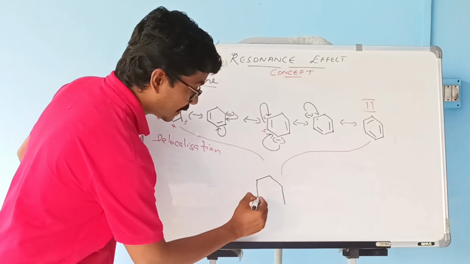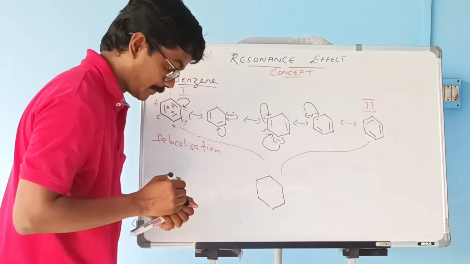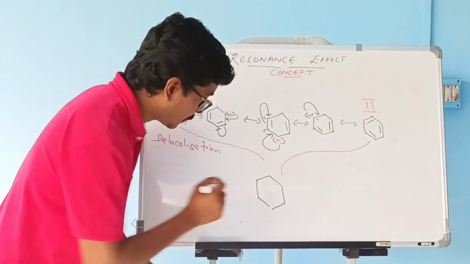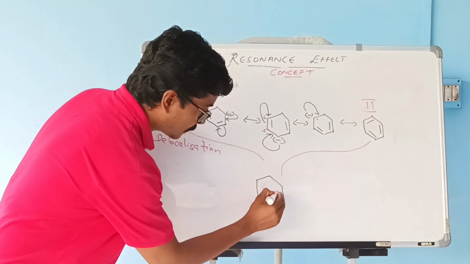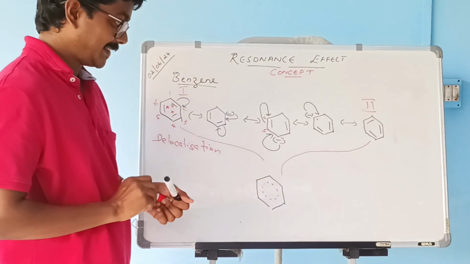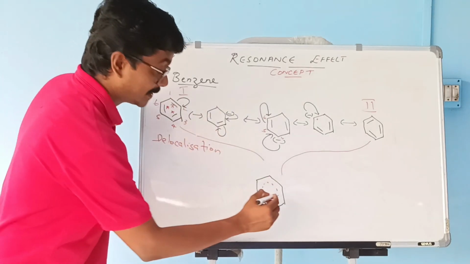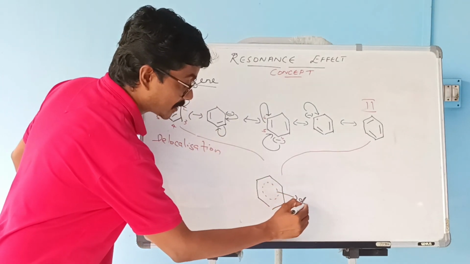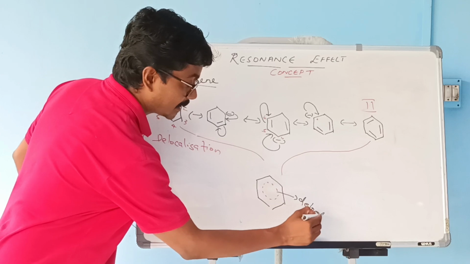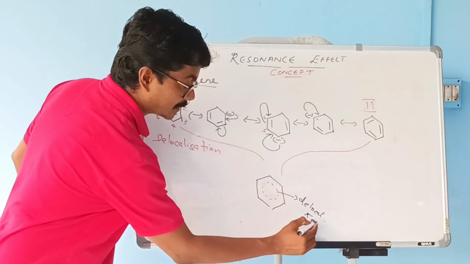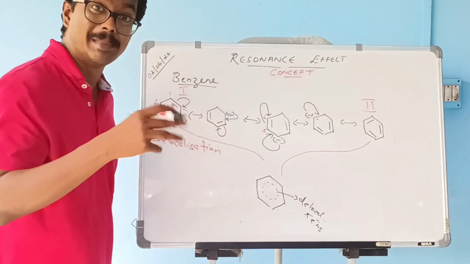We can represent it simply as a circle. What does this dotted circle represent? This is called delocalization, the delocalization of pi electrons in benzene.